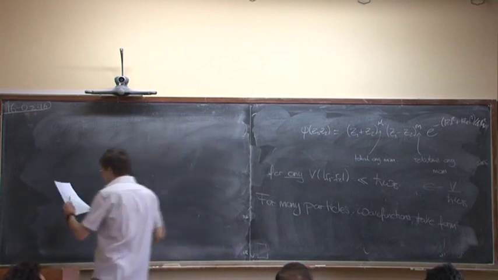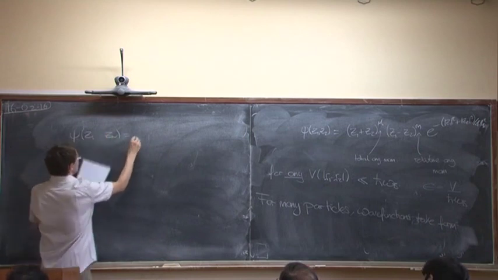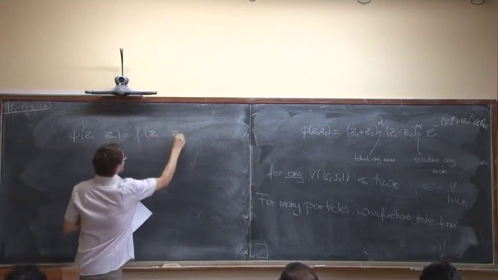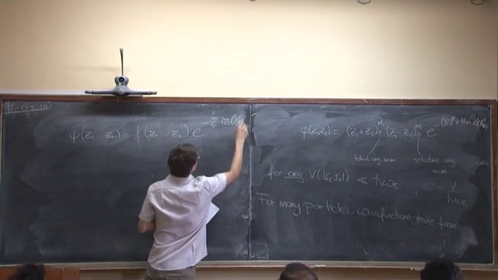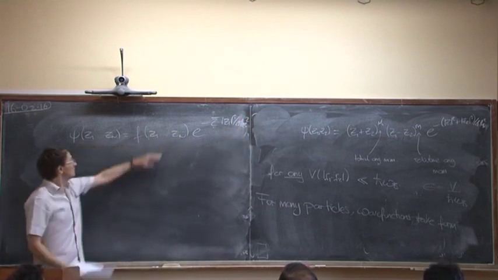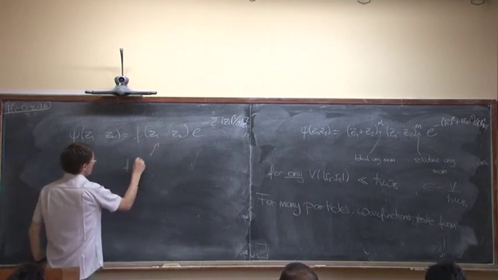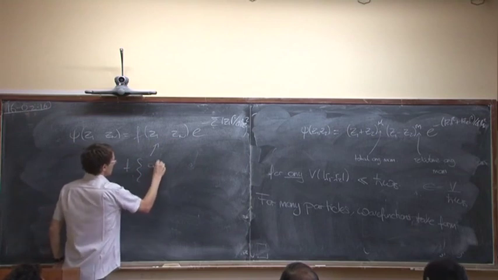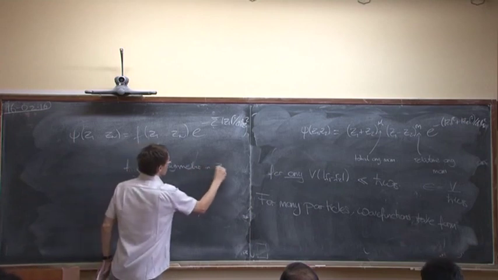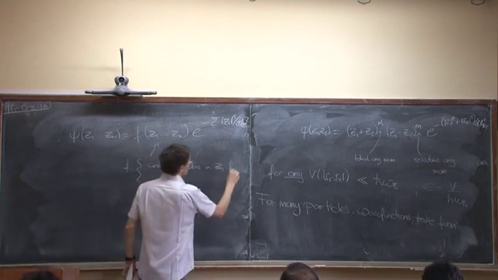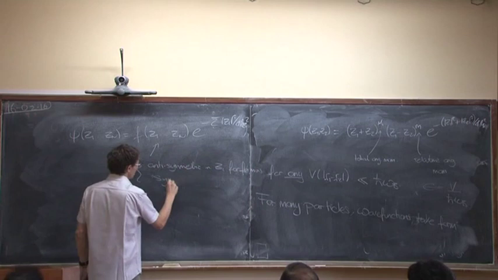If we're in the lowest Landau level, and we know that if they're fermions, this should be antisymmetric. And for bosons, it should be symmetric.